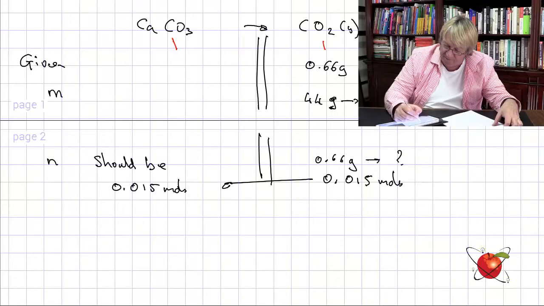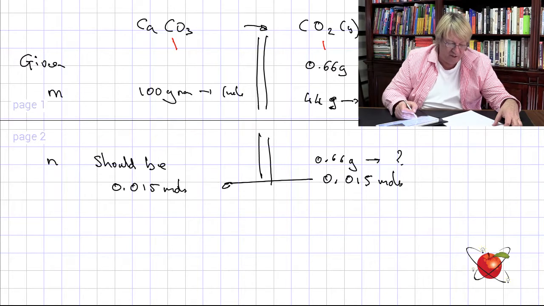So therefore, how much CaCO3 was there to give me that, right? There was 0.015 moles. Then we work out the molecular mass of CaCO3, which is going to come to 100 grams for 1 mole. We've got 0.015.